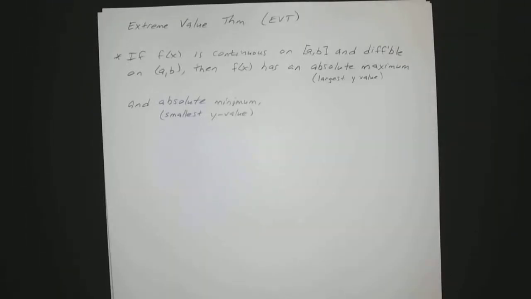Now, absolute minimum and absolute maximum are different from local minimum and local maximum, because you can have multiple local minimum and maximum. That's anywhere the derivative is equal to 0. So those would be your local minimum and maximums. But out of all of them, the complete largest and smallest are your absolute minimum and max.